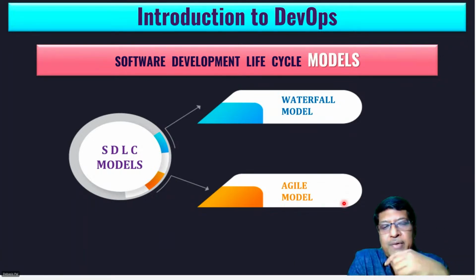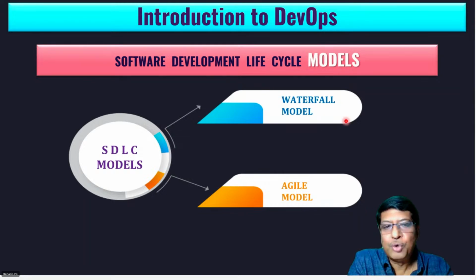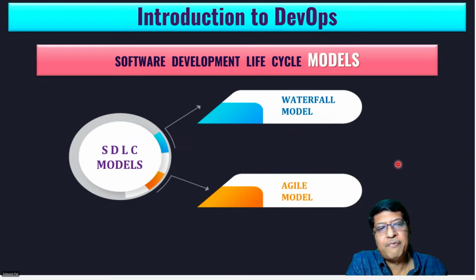Agile cannot exist without DevOps. And there is a success rate of between 90 to 95% in agile. And then you will ask, is the waterfall model entirely discarded? I will say no. There are some very critical, complex projects still existing where they apply the hybrid model, 70% agile, 30% waterfall, and that makes it a hybrid model. But we are not going into that discussion. Again, I'm trying to restrict myself on this topic.